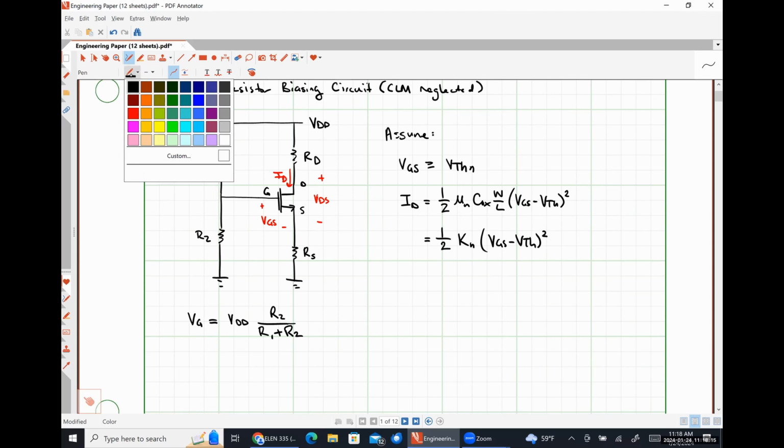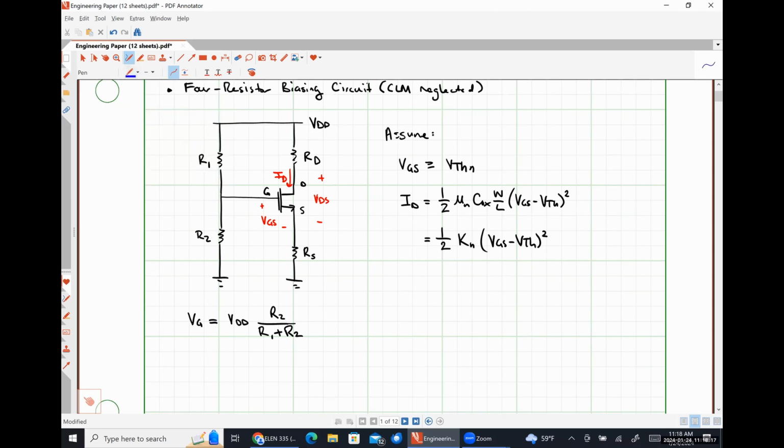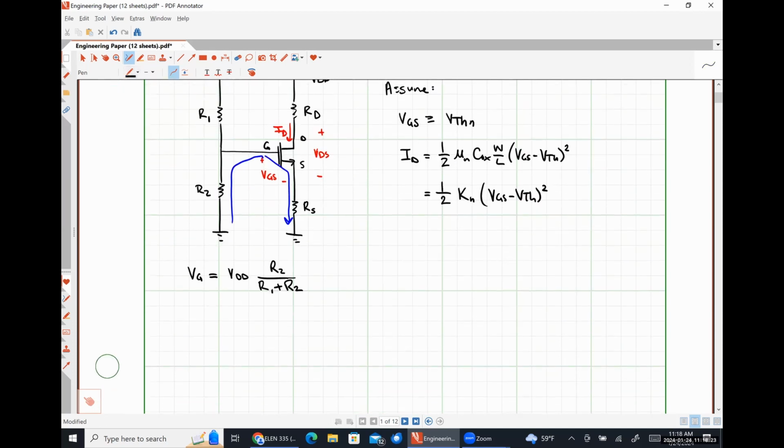Now we're going to write a KVL equation around this path. And so we are going to see that VG is also equal to whatever our gate source voltage is, plus our drain current times resistor RS.